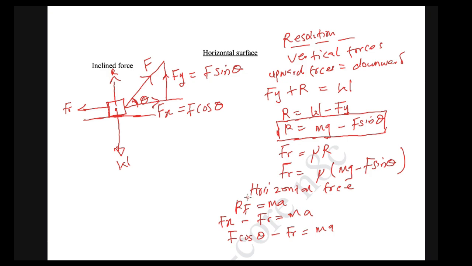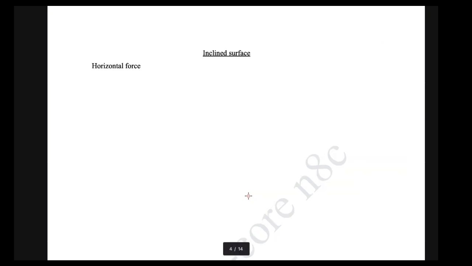So let's see another case. The other case that you can have is an inclined surface. The cases that we have looked at before are when an object is placed on a horizontal surface. But now let's see a case in which an object is placed on an inclined surface. So inclined surface is different from inclined force.